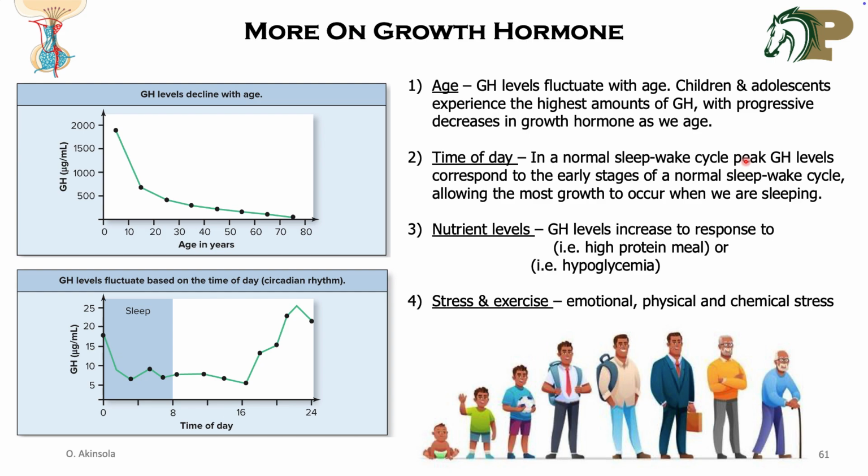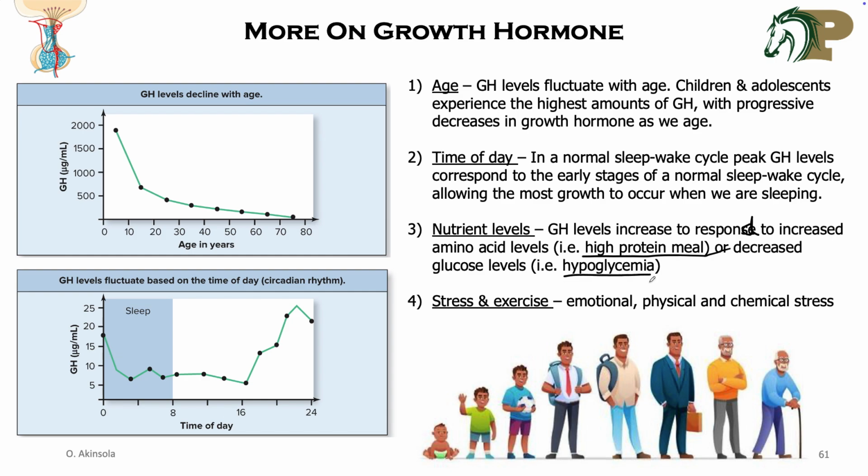Nutrient levels. GH levels will increase to respond to increased amino acid levels, like after a high protein meal, or decreased glucose levels, say in hypoglycemia.